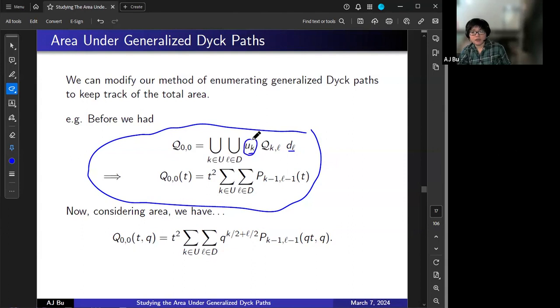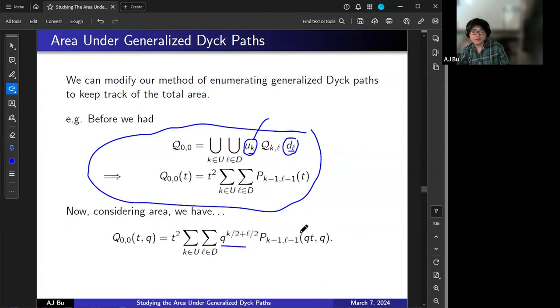Under U sub K is going to be the area K over 2, because it's just a triangle with base 1 and height K. And then D sub L is going to have area L over 2. So that's going to give us this Q to the power of K over 2 plus L over 2.